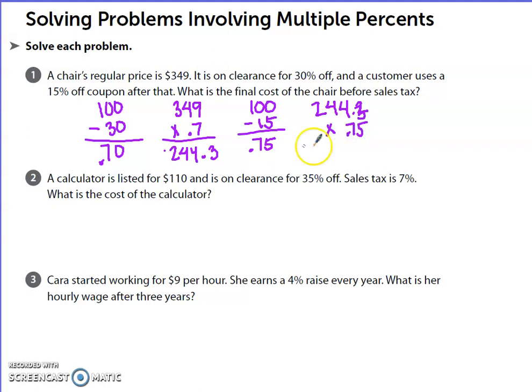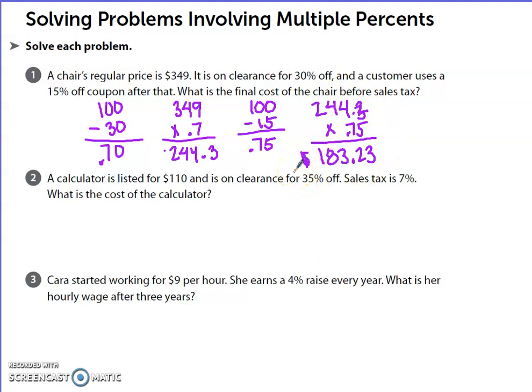If you use a calculator there again, you'll get $183.23. Remember, if a calculator spits out a number which is super long, you'll want to round to the hundredths place, because in our currency, we only go until the pennies. We don't go any smaller than pennies. So that's the final cost of the chair: 30% off, then 15% off of that.